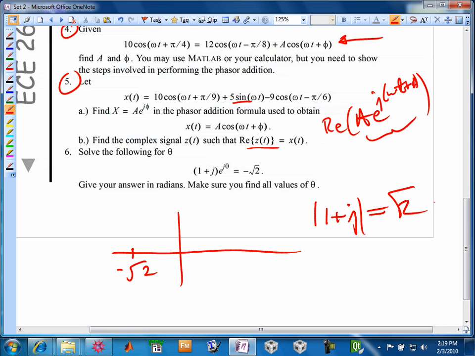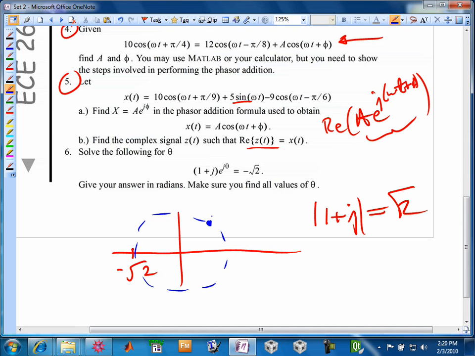What's the angle of that number? If it's 1 plus j1, where does it sit in the complex plane? Where does it sit on that circle, right? Because its magnitude is square root of 2. So where does it sit? Sits right there, doesn't it? Isn't that exactly where it sits, right on that circle?